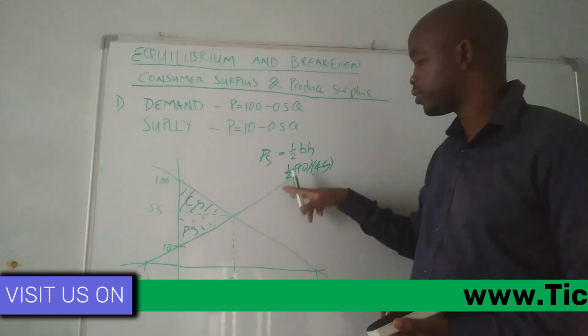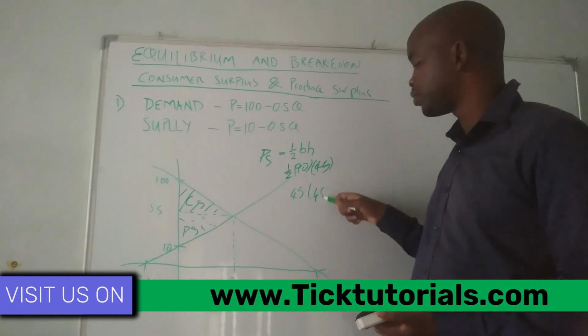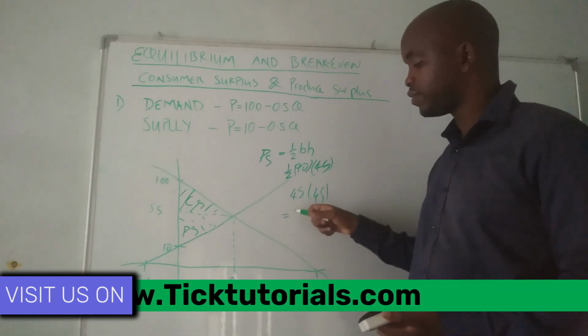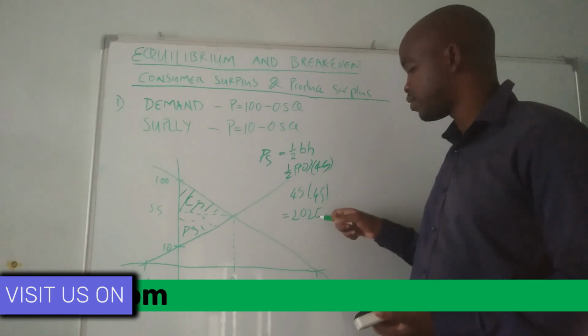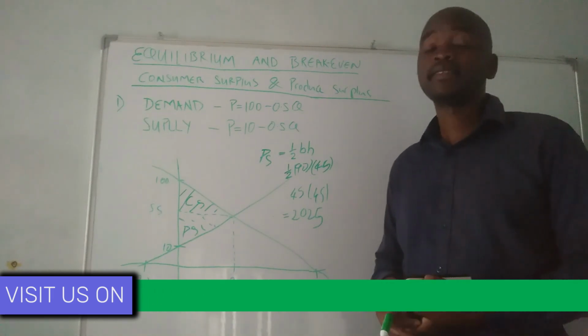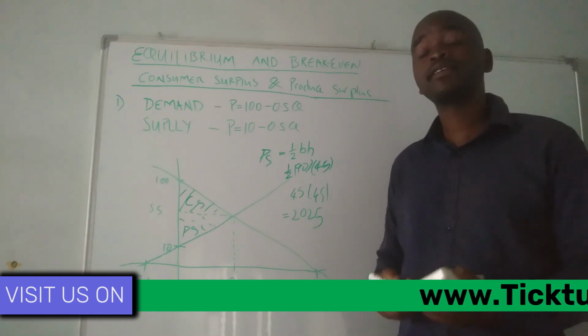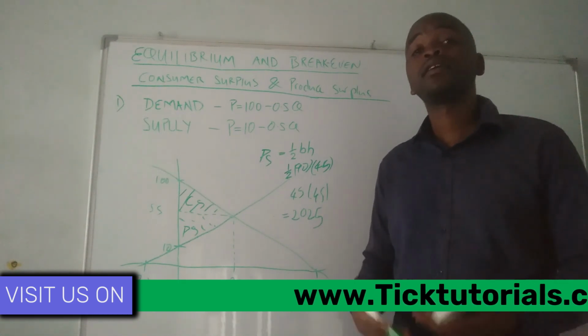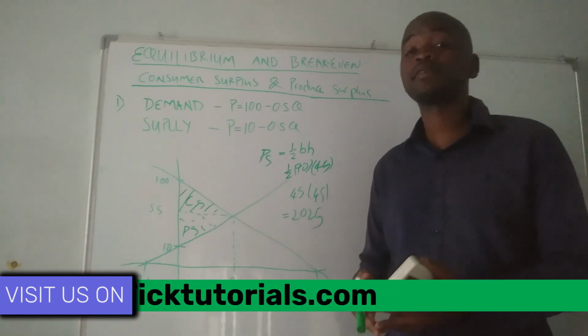When we do the calculations, we're going to have 45 multiplied by 45, which will give us 2025, the same as our consumer surplus. So that's how you calculate the consumer surplus and the producer surplus.